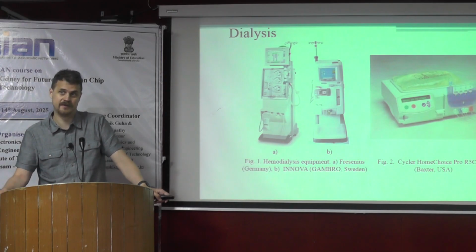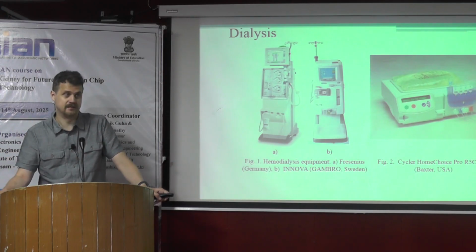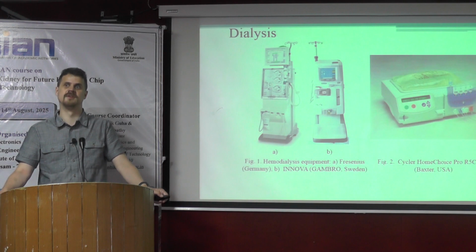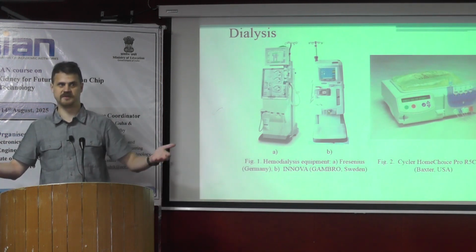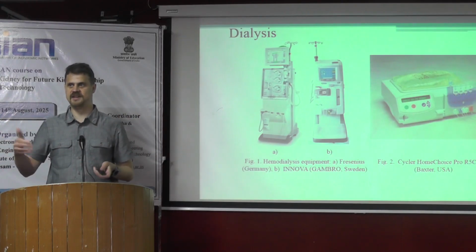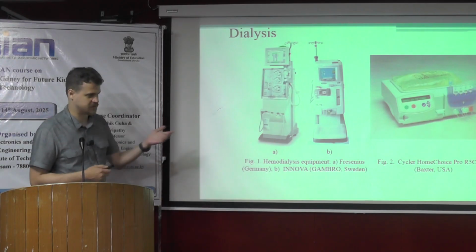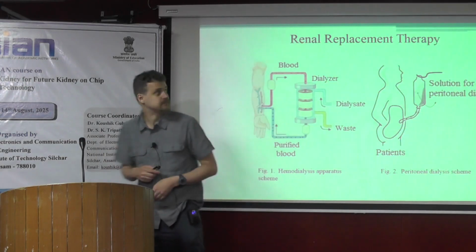But at the same time, we have a lack of endocrine function, we have a lack of the homeostasis function, and so on. So yes, the most logical solution is organ transplantation, because we basically replace the dead kidney with a healthy kidney, and thus we manage to restore all the missing functions of the human kidney.